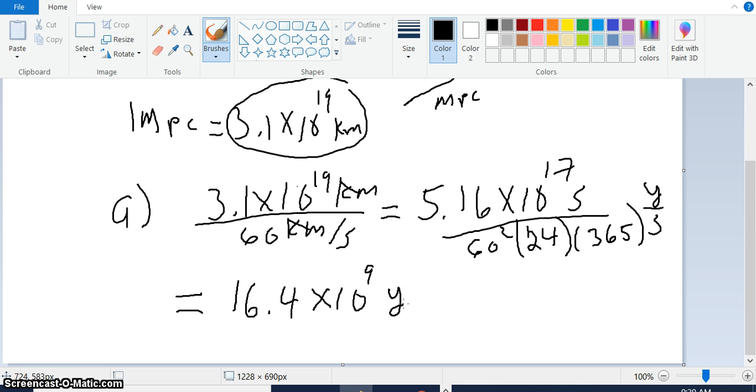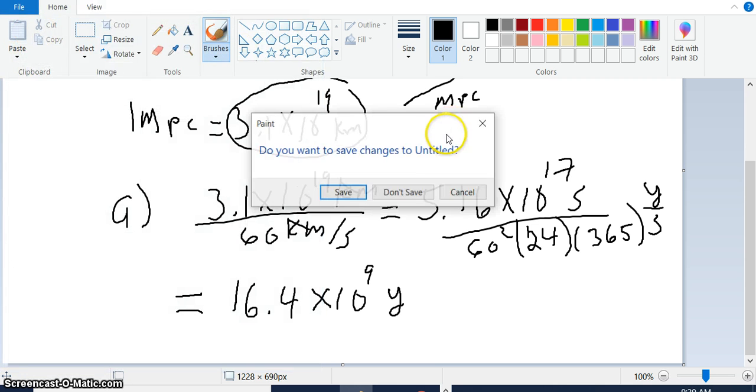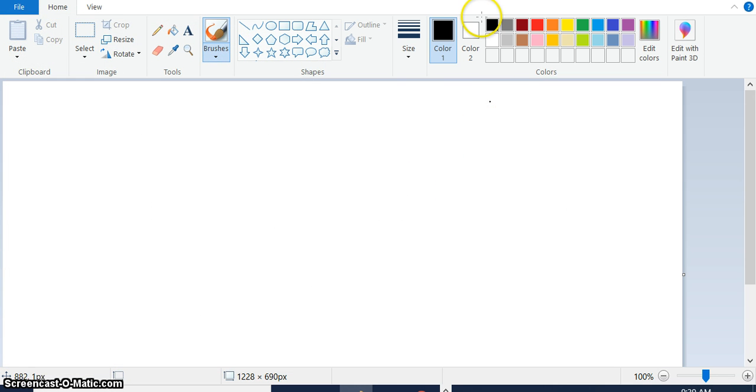All right, so again, you do the similar thing here. Let me set it up real quick so we can see that. All right, very nice. So for part B, and this is actually more like the age of the universe.